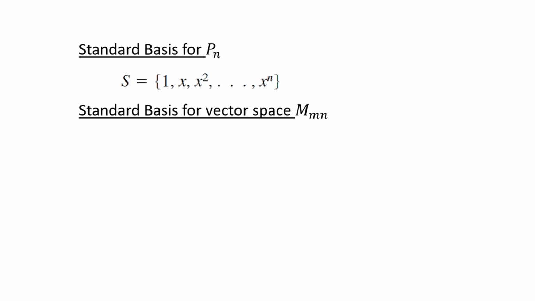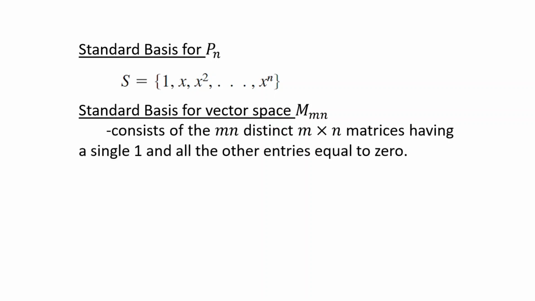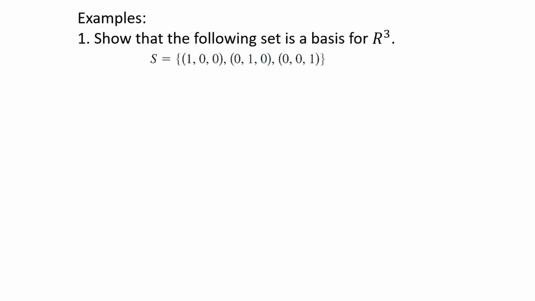Moreover, the standard basis for the vector space M sub m n, the set of m by n matrices, consists of the m times n distinct m by n matrices having a single 1 and all the other entries equal to 0. Now let us have some examples of bases for a vector space.